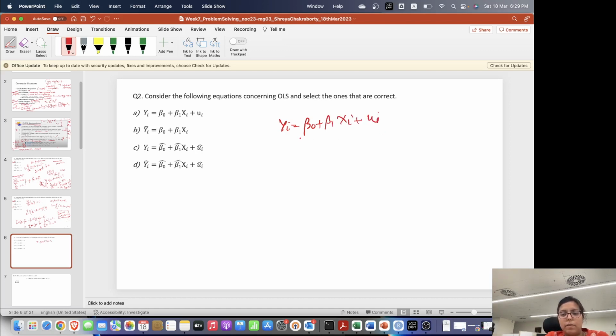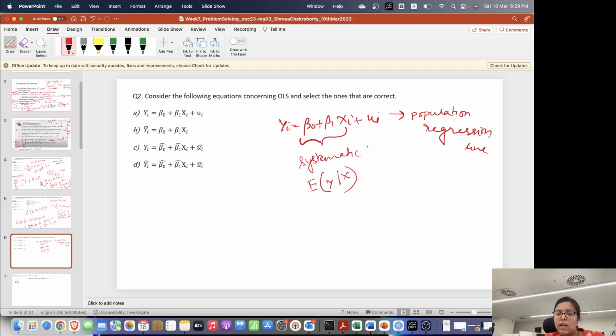This is correct. Why? Because this is the population regression line, where this part is the systematic part or expectation of y given x, and this is the random or error part.